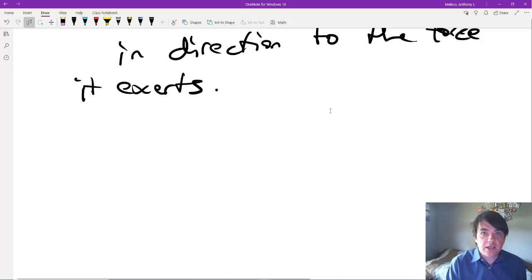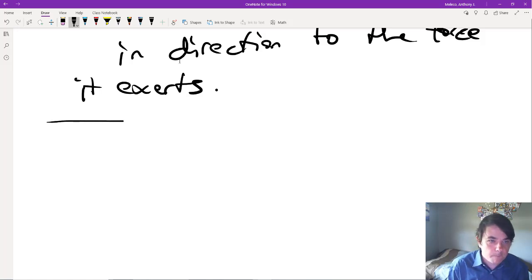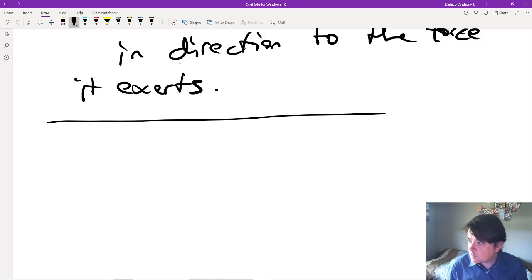I don't affect the Earth that much because it's got a huge mass. And so mass you can kind of think of as the resistance to force in all of this.